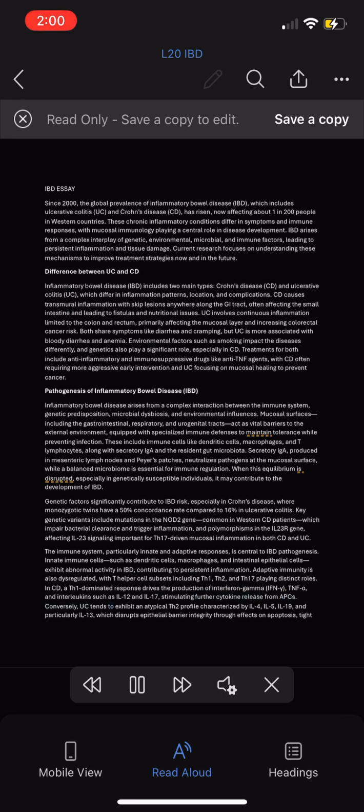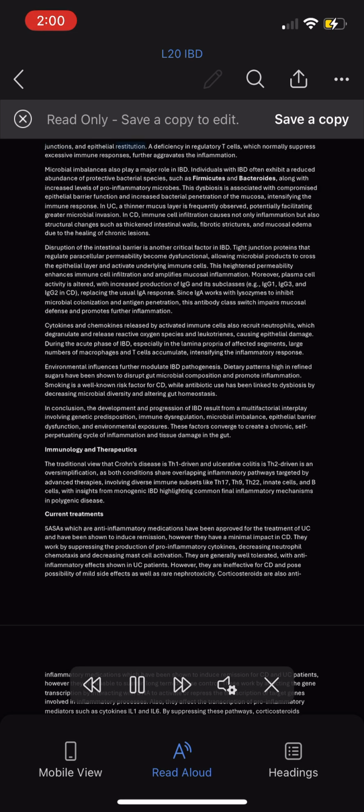Conversely, UC tends to exhibit an atypical Th2 profile characterized by IL-4, IL-5, IL-19, and particularly IL-13, which disrupts epithelial barrier integrity through effects on apoptosis, tight junctions, and epithelial restitution. A deficiency in regulatory T cells, which normally suppress excessive immune responses, further aggravates the inflammation.